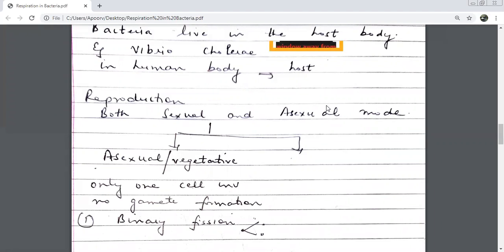Binary fission. If conditions are suitable, then normally what happens is, what kind of genetic material, what kind of DNA do bacteria have? Circular. Shape of DNA, I'm asking you. Circular. And it is attached to, because there is no nucleus, so where is the DNA? It is attached to the mesosome.